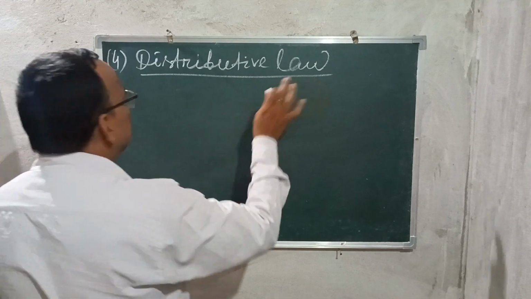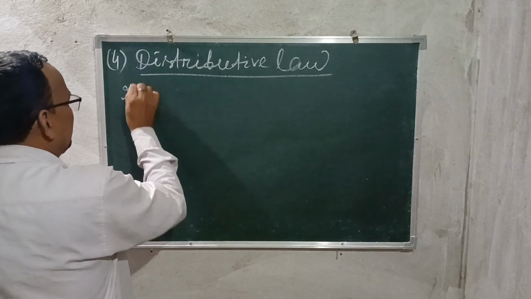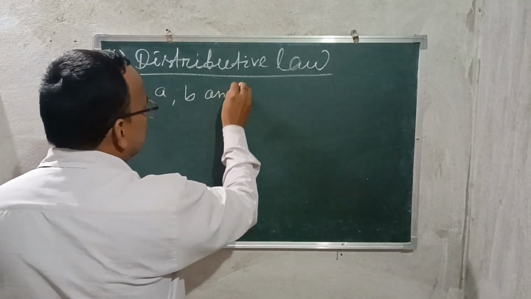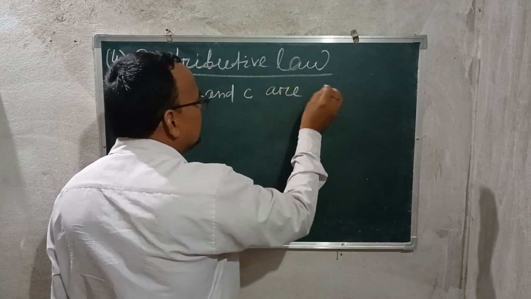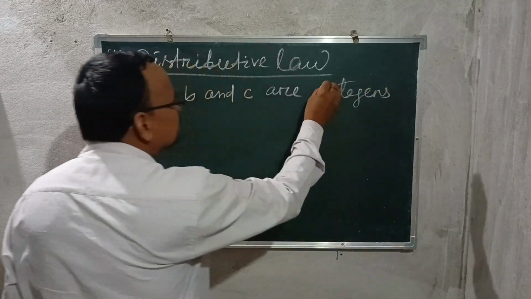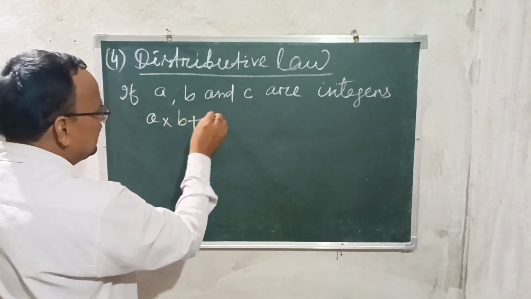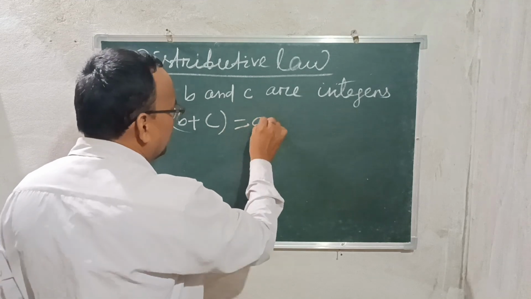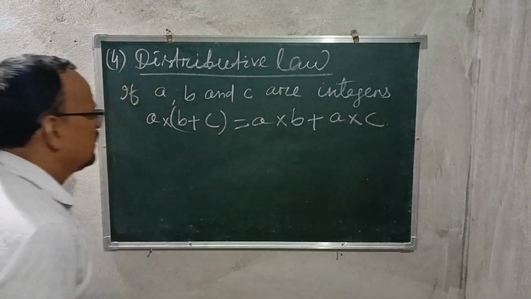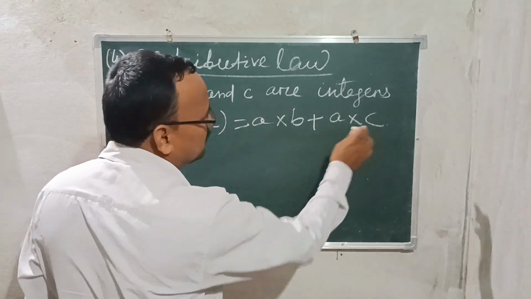Now addition and multiplication, suppose, if A, B, and C are integers, then A into (B plus C) is equal to A into B plus A into C.